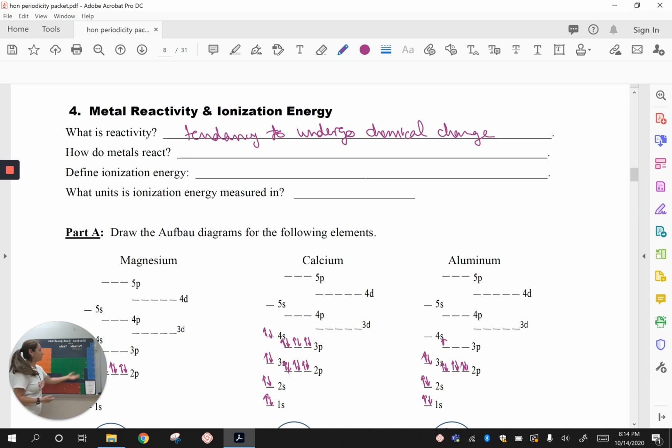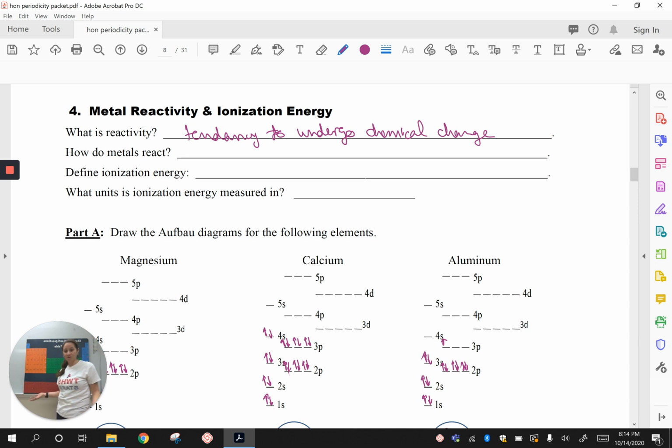Well, if you only have 1 or 2 valence electrons, you could do one of two things. Let's look at sodium, for example. Sodium has 1 valence electron. So if it wants to become like one of the noble gases, it could either lose that 1 valence electron to become like neon, or it could gain 7 to become like argon.